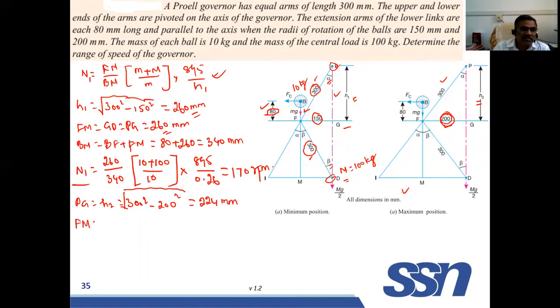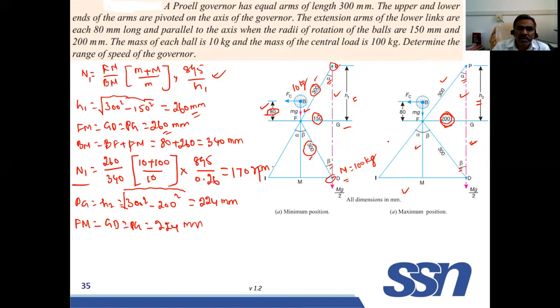Now you find the value of Fm. Fm is equal to GD, this distance. Since these two are symmetrical, this alpha beta are same, so GD is equal to PG, that is equal to 224 millimeters.